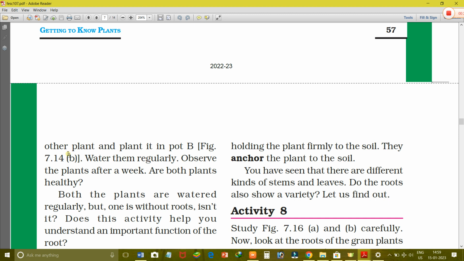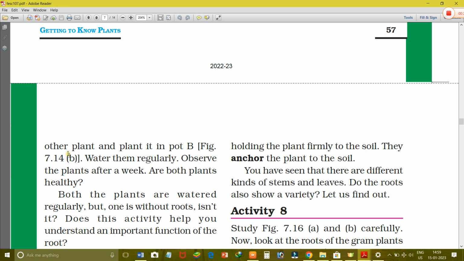Water them regularly. Observe the plants after a week. Are both plants healthy? Both the plants are watered regularly, but the one without root is not healthy.